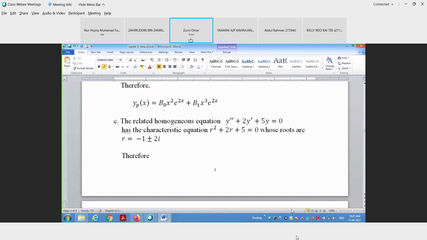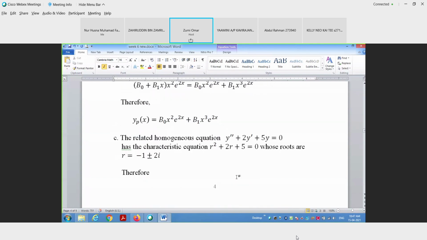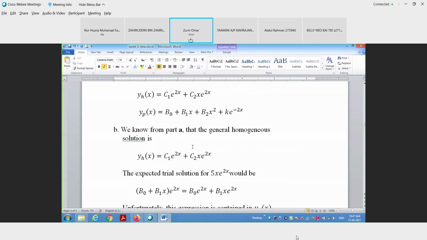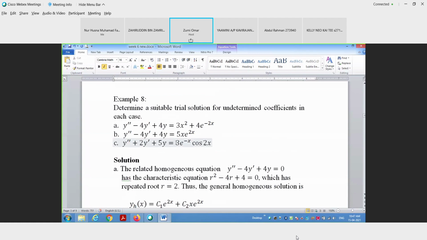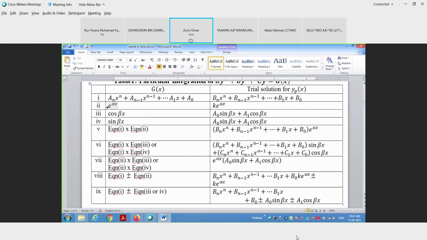So for YP, we refer to this. YP is a combination of exponent and cos. Go to the table. So you have a combination of exponent, which is number 2, and then times 3. Go is 3.